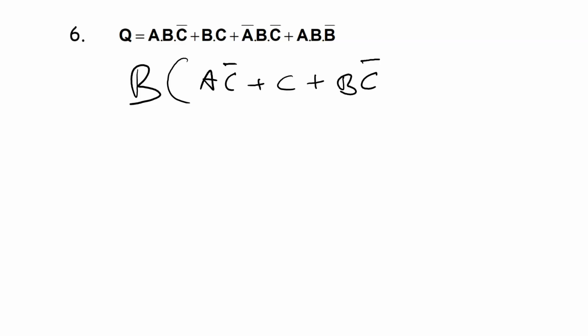Looks like we've got a B in every term. We haven't got anything else that looks right, so let's chuck that out. B, bosh, that's A, not C, or C, or B, not C, or A, not B. Just double check I've got that right.